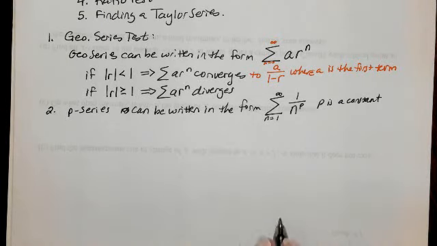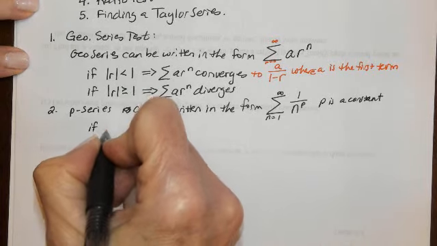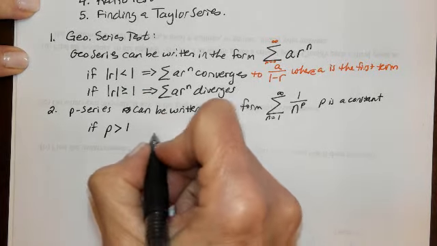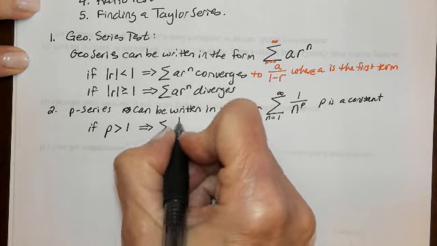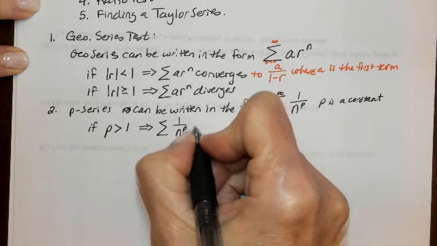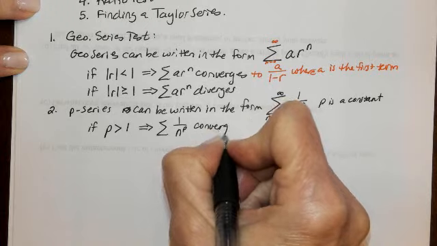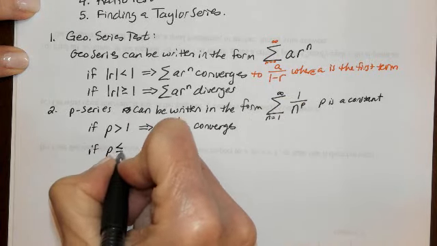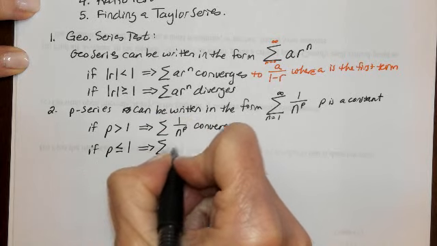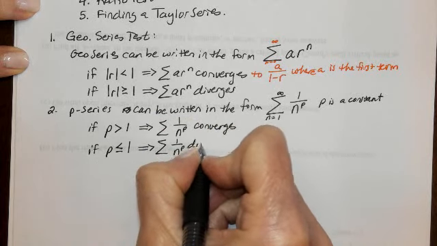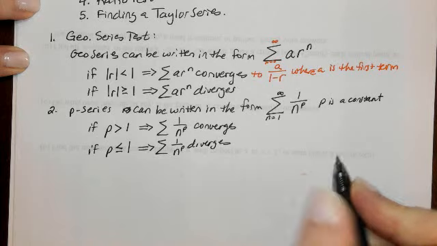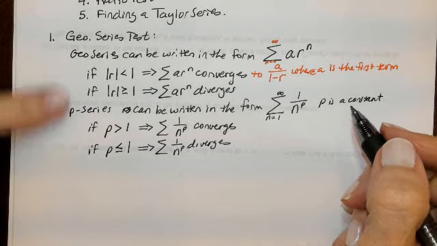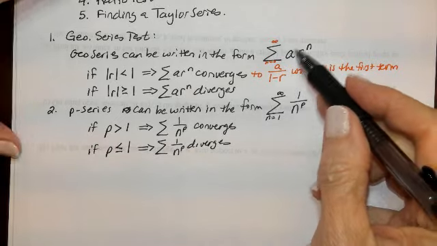All right, and the test says if P is greater than 1, then that series converges. If P is less than or equal to 1, then your series diverges. So almost the opposite of a geometric series as far as R and P. But remember, R here is up in the numerator.